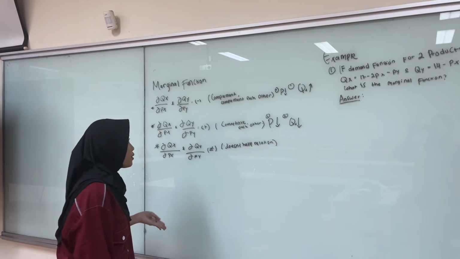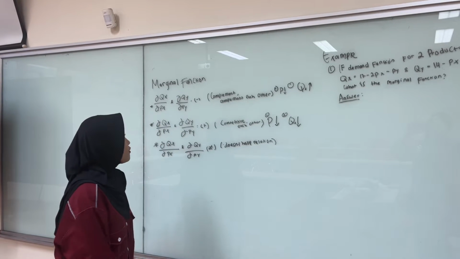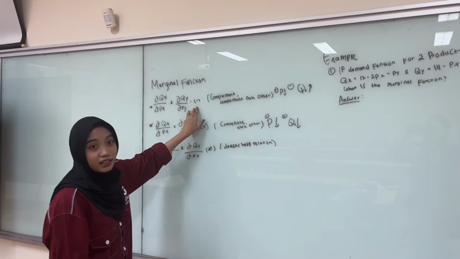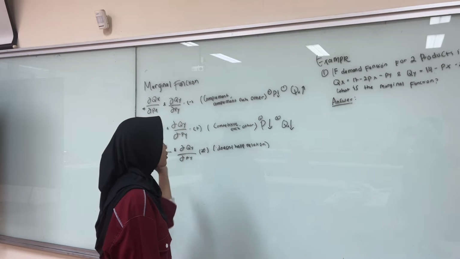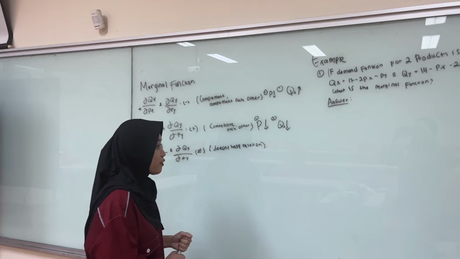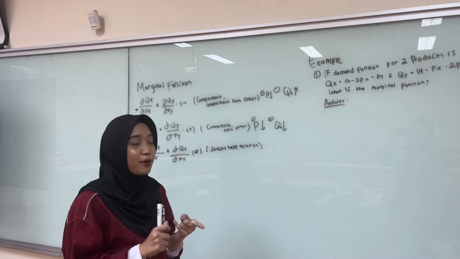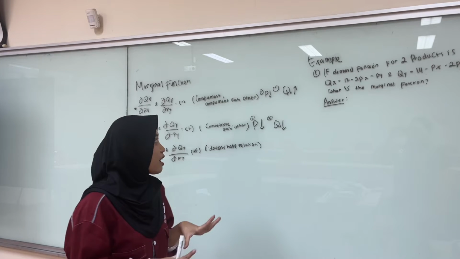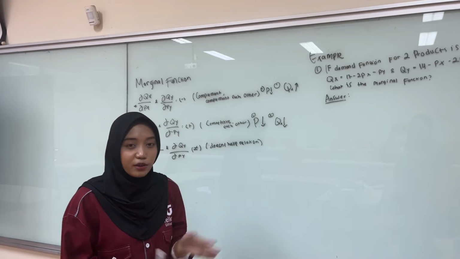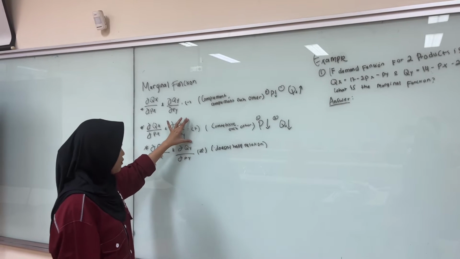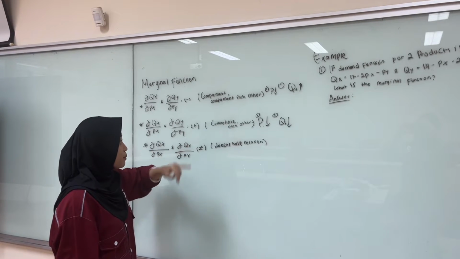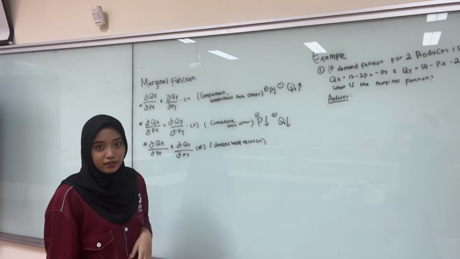After we find and calculate, if the value is negative, the characteristic is complement. So they complement each other. If the price of one good decreases, the quantity demanded of the other good will increase. But if the value is positive, the characteristic is competitive.